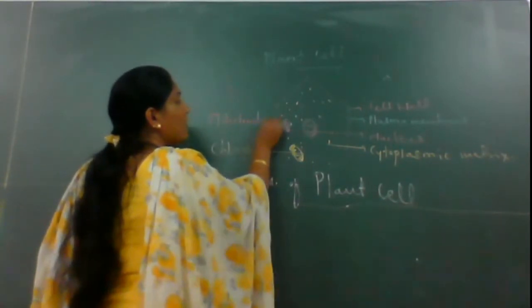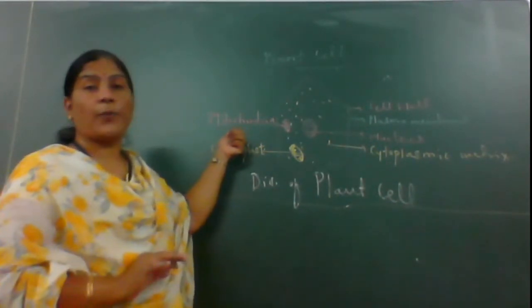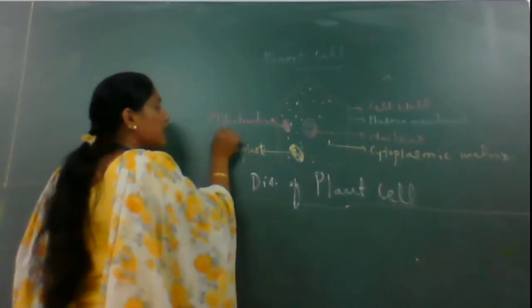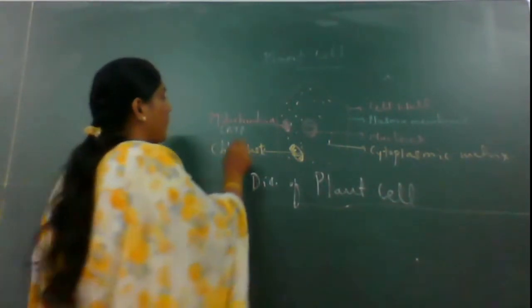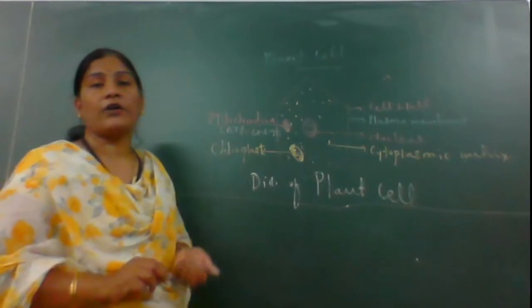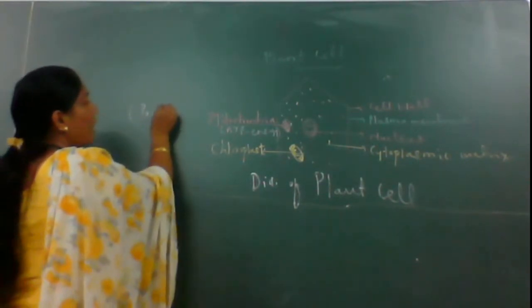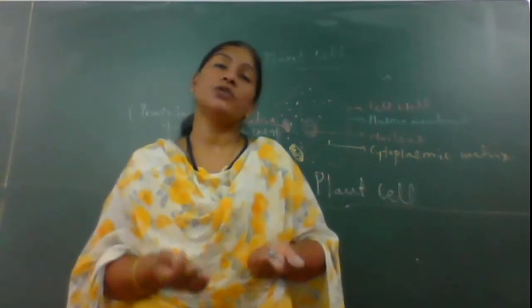The mitochondria have a key function, that is the storage of energy in the form of ATP. Mitochondria always store energy in the form of ATP, and that's why they are commonly called the powerhouse of the cell, or also the storehouse of the cell.